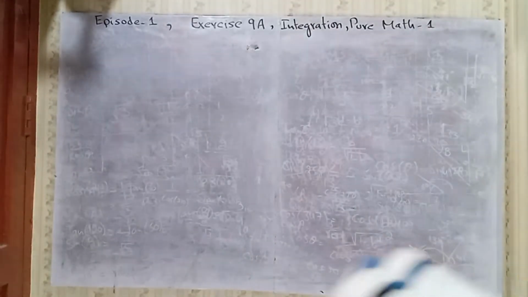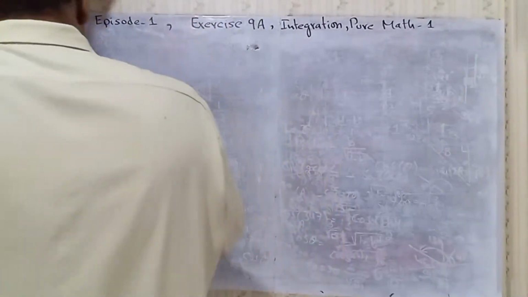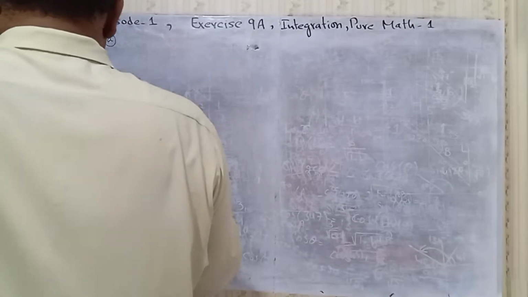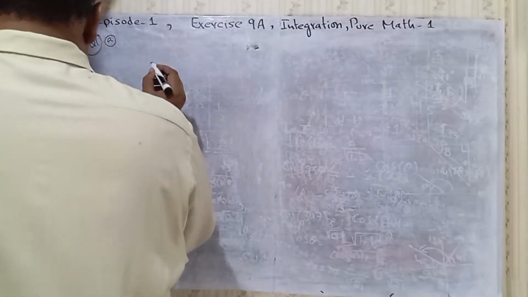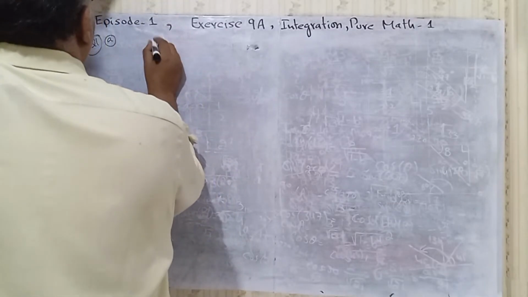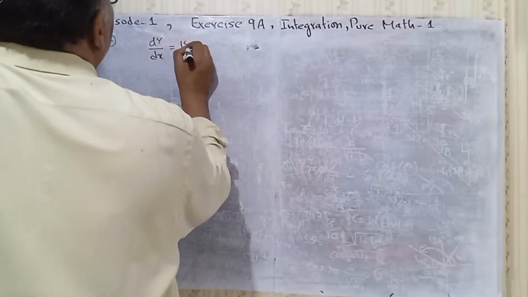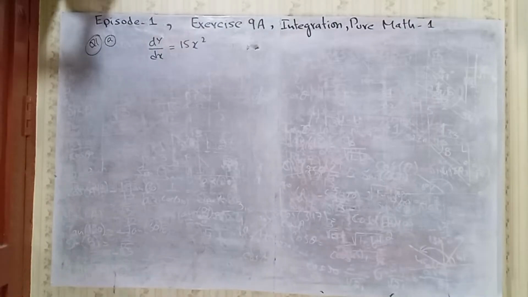Okay, so let's start. Exercise 9A, question number 1, part A. We have to find y in terms of x. It is given that dy by dx is equal to 15x squared. So I will integrate both sides, and then find y in terms of x.